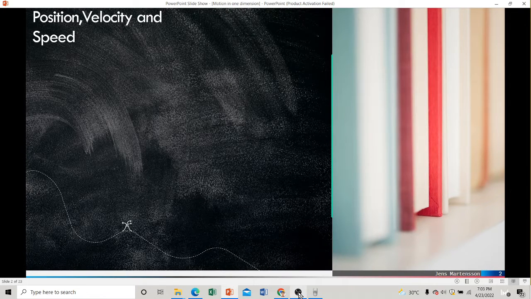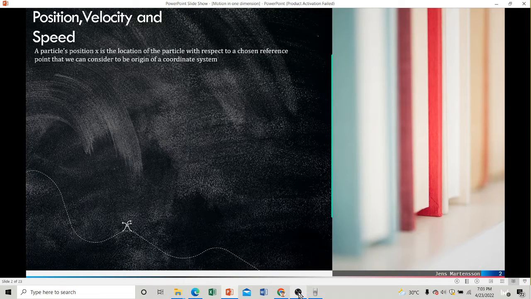First, let us discuss position, velocity, and speed. A particle's position in the x direction is the location of the particle with respect to a chosen reference point that we can consider to be the origin of a coordinate system.